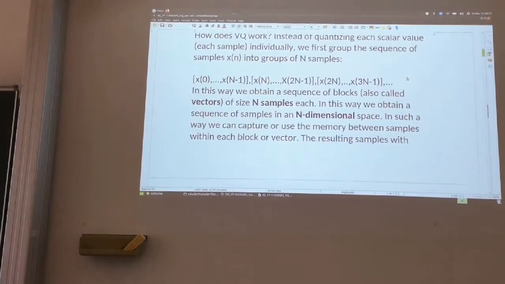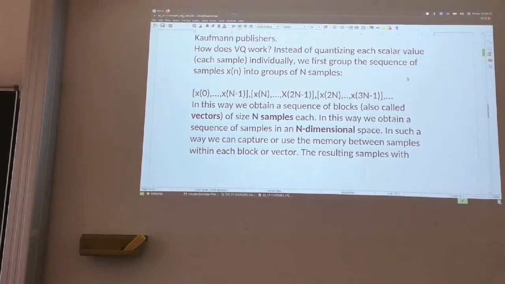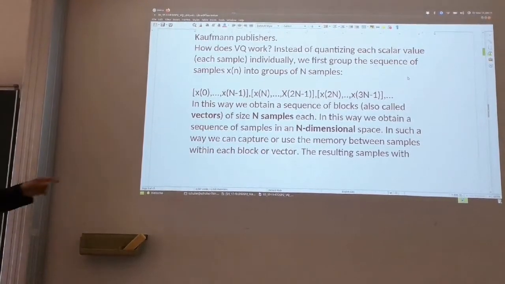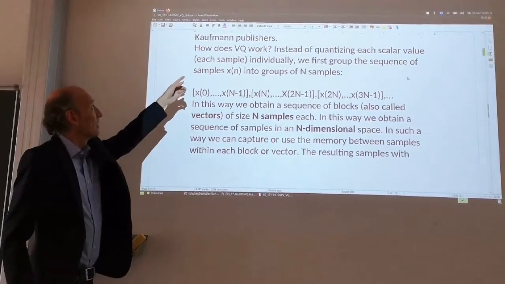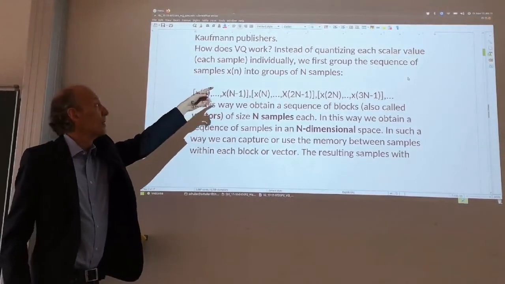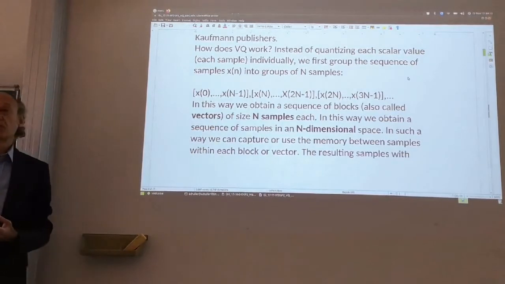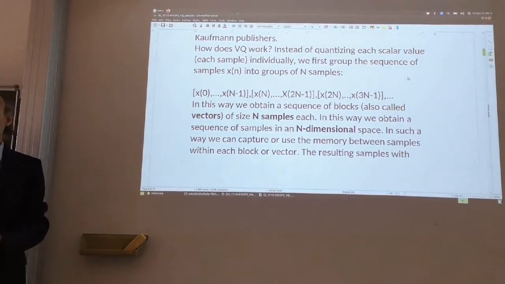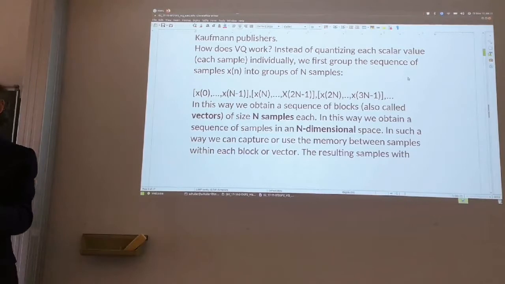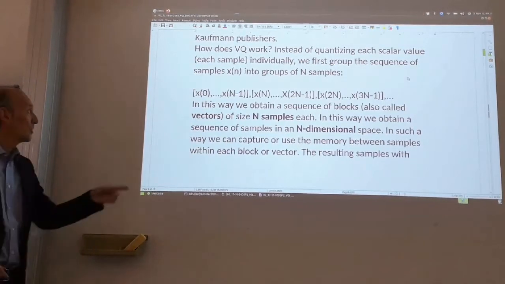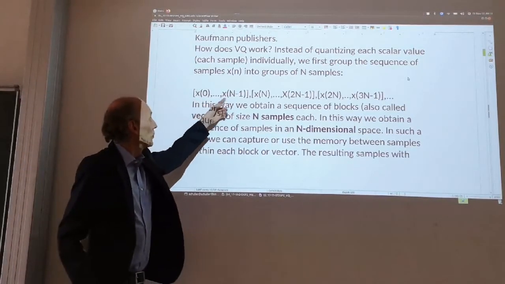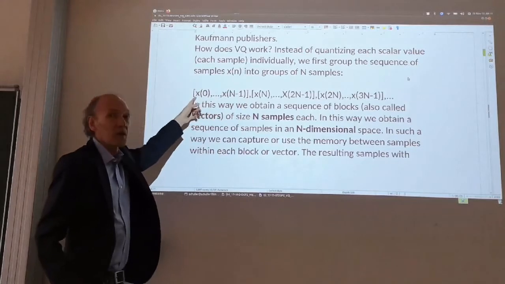Yeah, so how does vector quantization work? Instead of quantizing each scalar value or each sample individually, we first group the sequence of samples into blocks of n samples, which you can see here. So this is the first vector, the first block of n samples.